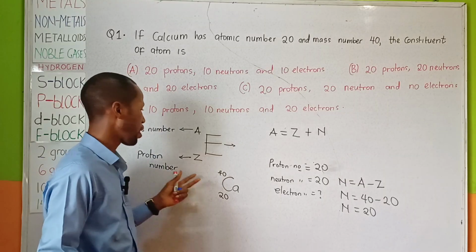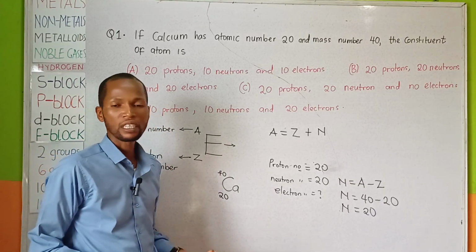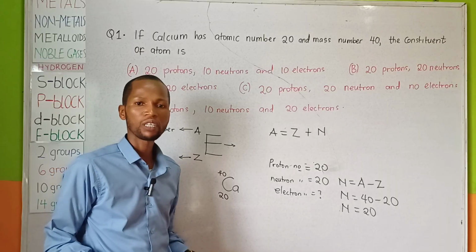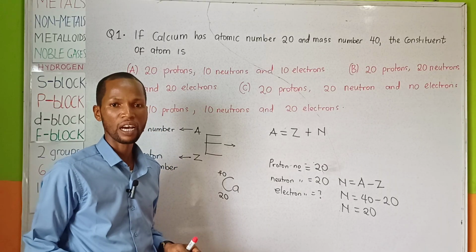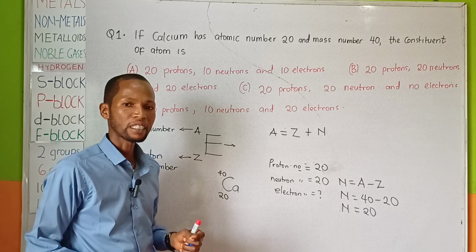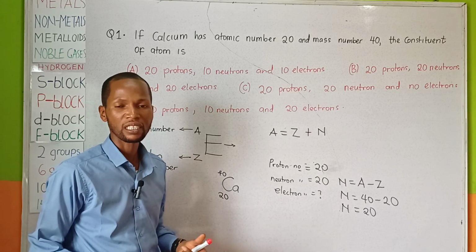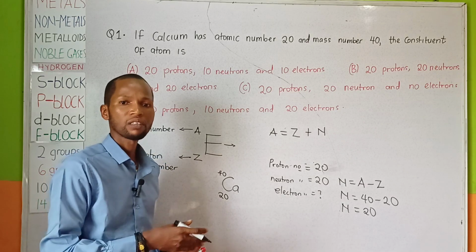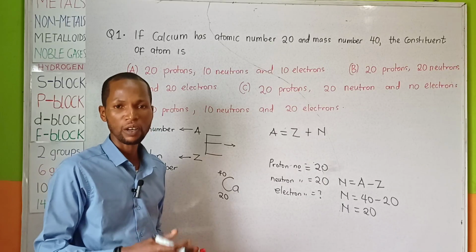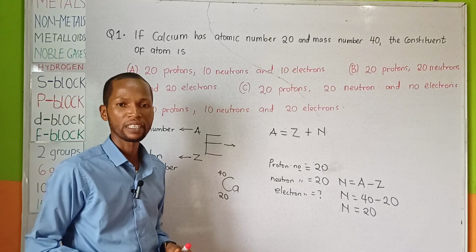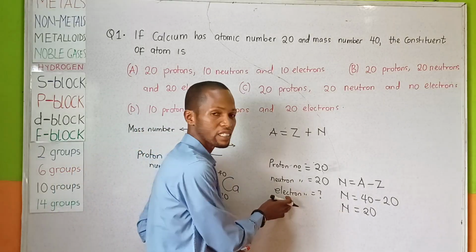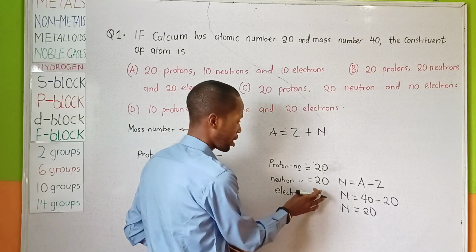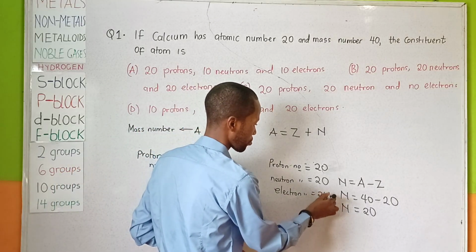Note that for a neutral element, the atomic number is always equal to the electron number. In an instance whereby you are dealing with a charged atom, then the number of electrons is not equal to the atomic number. So we've been able to deduce that the electron number is as well equal to 20.